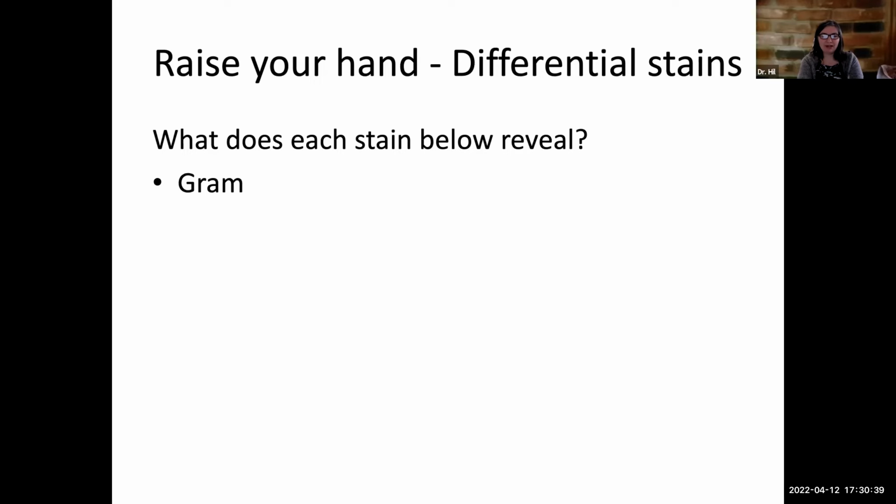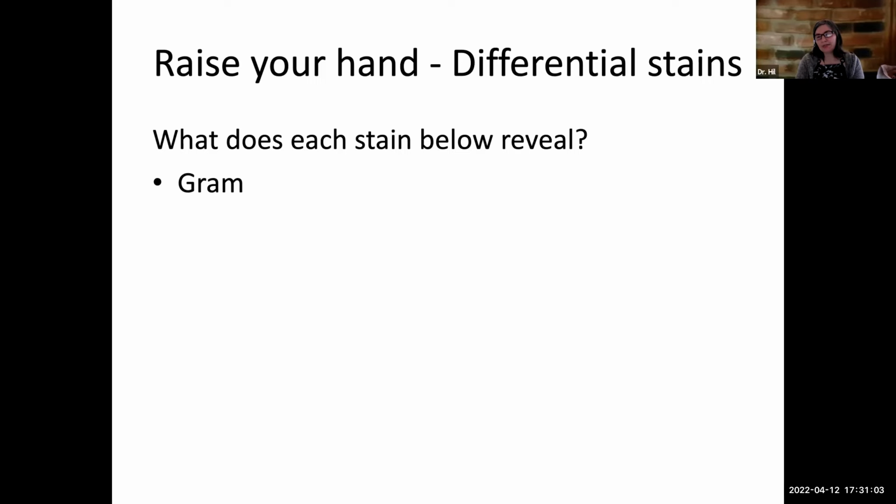Yes, we find out if they have a thick or a thin cell wall. And we find out if they're gram positive or gram negative. Which one's which, by the way? The thick walled ones are positive or negative? Positive, yeah.